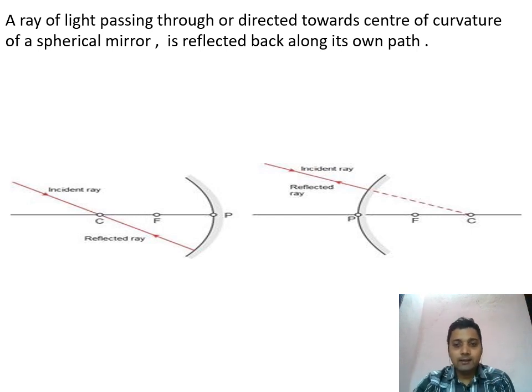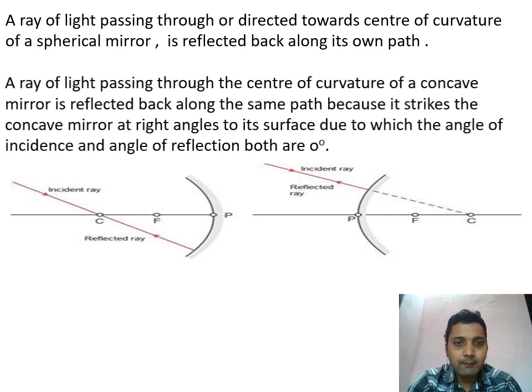So why does that happen? The reason is that whenever light passes through the center of curvature of a concave mirror, or is directed towards the center of curvature in the case of a convex mirror, it strikes the mirror at right angles to the surface, due to which the angle of incidence and angle of reflection are 0 degrees.